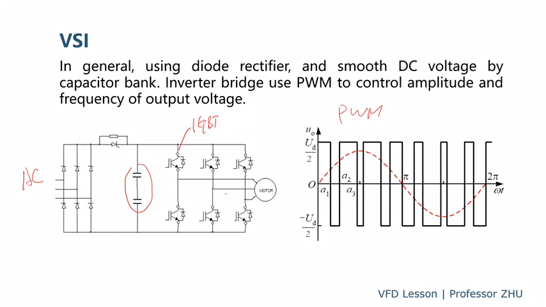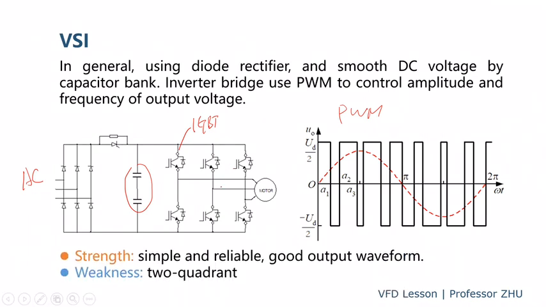So different from the CSI: in the CSI, the frequency is decided by the inverter, and the amplitude of the output current is decided by the rectifier. But on the VSI inverter, both the amplitude and the frequency of the output are controlled by the inverter side, by the PWM technology.